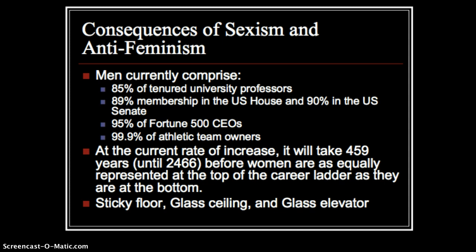At the current rate of increase, it'll take about 459 years or so before women are as equally represented at the top of the career ladder, so in management positions, as they are at the bottom in service-oriented roles.